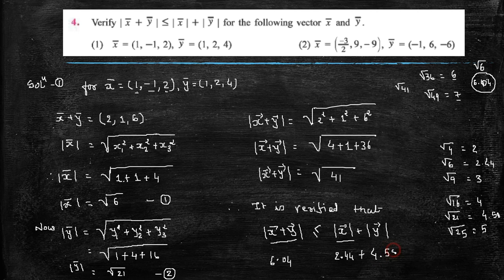So let us add these two values. It will be 7.02. 6.04 is less than 7.02. Hence it is proved. Hence it is verified.